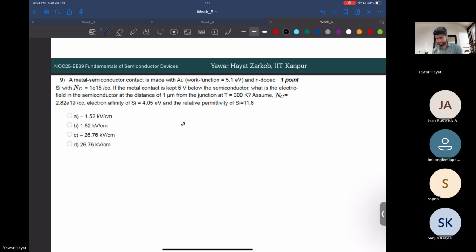So your E of x is q Nd divided by epsilon s times x minus xd.